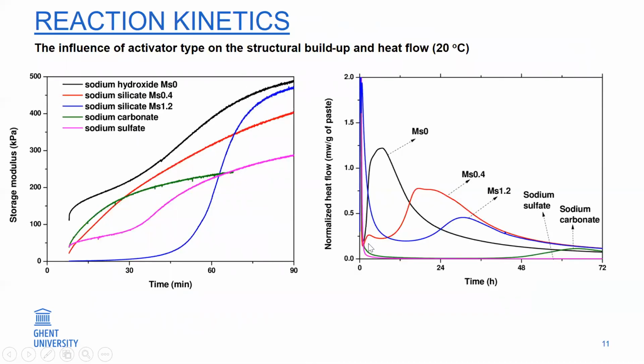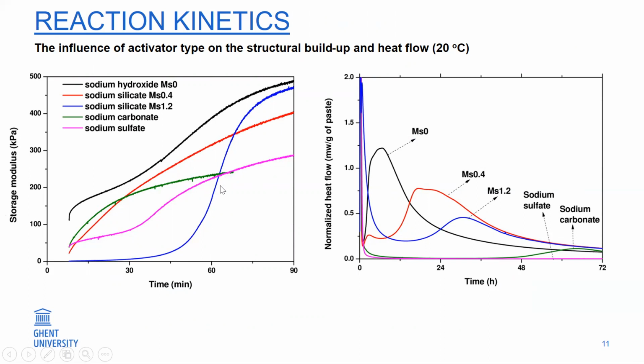Besides, we also want to compare the influence of the activator type on the structure buildup and the heat flow at 20 degrees. As you can see on the left-hand side, this graph presents the storage modulus of 5 different activator solutions.